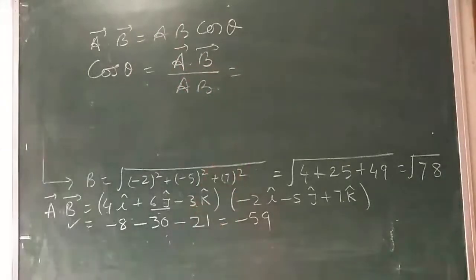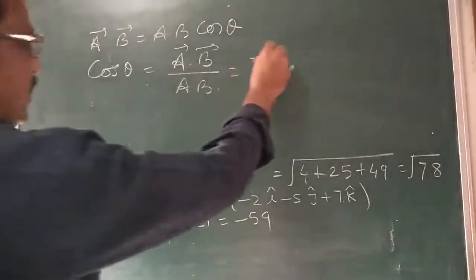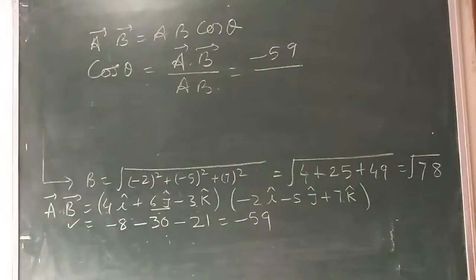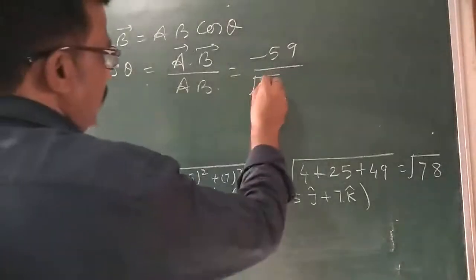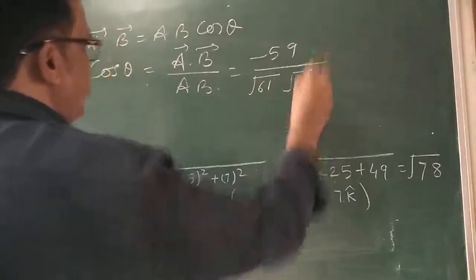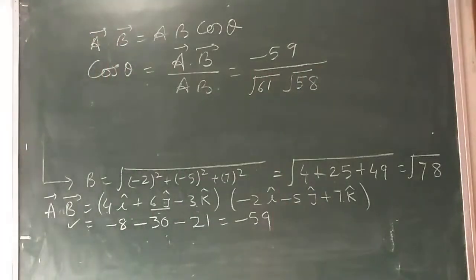A dot B, that we have seen, is minus 59. Here it is the magnitude of A and B, that is under root of 61 and under root of 78. Solve it.